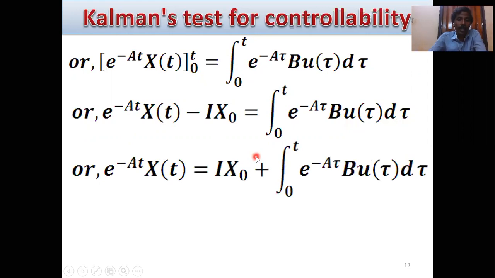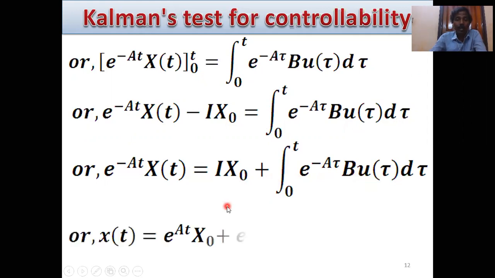Then we shift I x0 to the right-hand side, and we get e^(-at) x(t) equals I x0 plus 0 to t e^(-a tau) b u(tau) d tau.